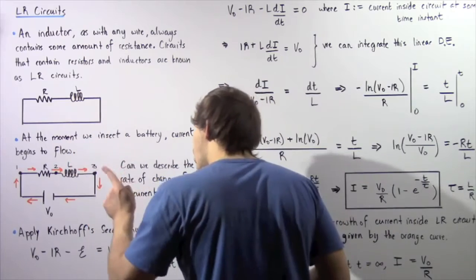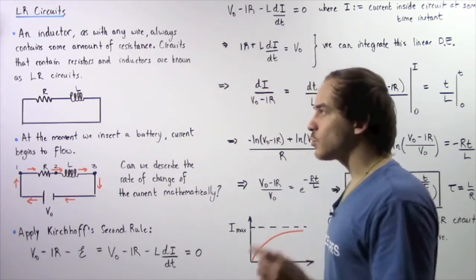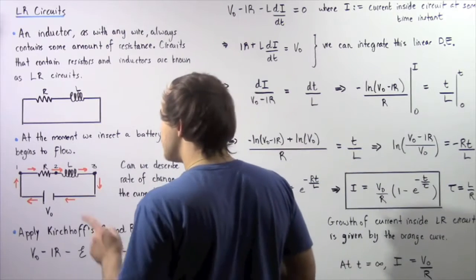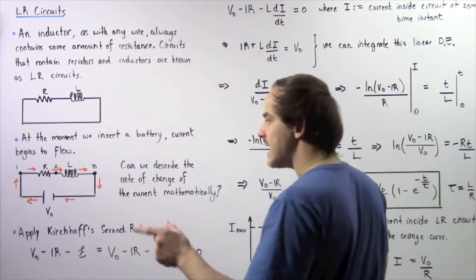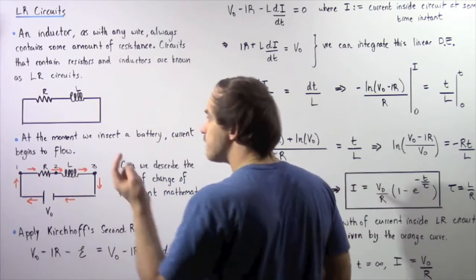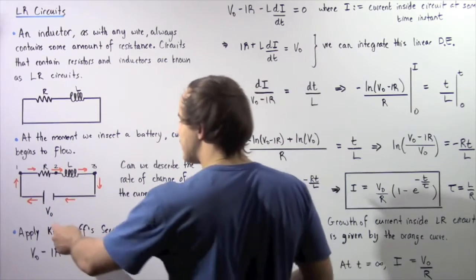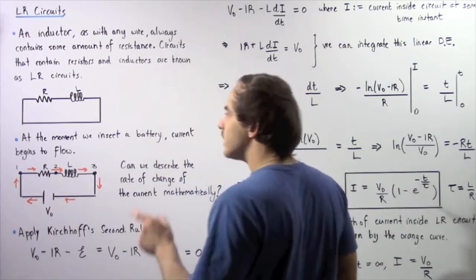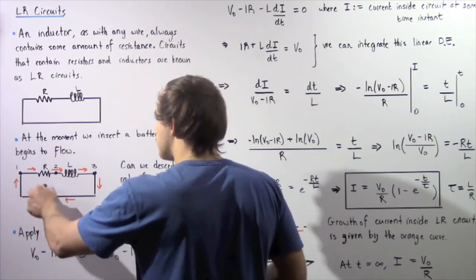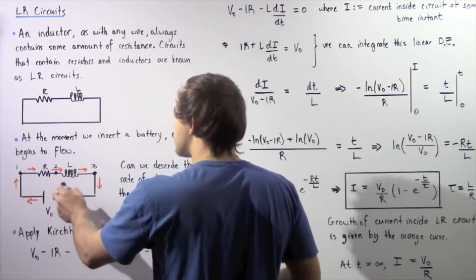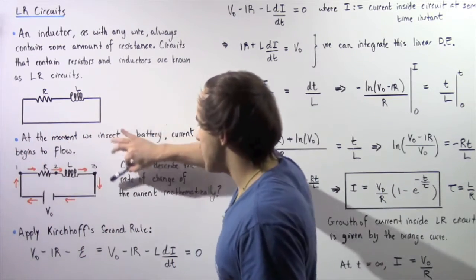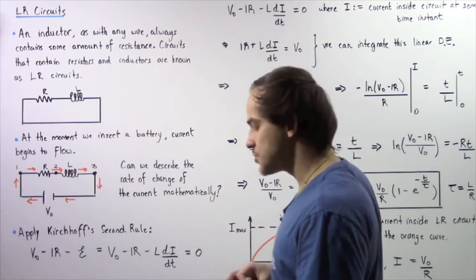However, at the moment we insert a battery into our electric circuit, current will begin to flow. If the voltage on that battery is given by V0, our electric current will begin to flow from the high potential electrode to the low potential electrode of our battery in the direction shown by these arrows.